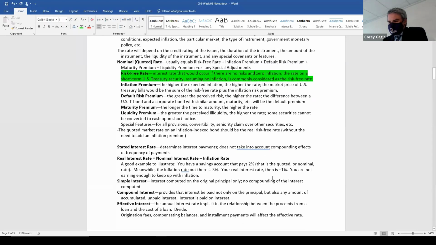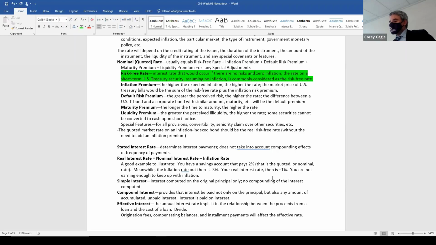And then just some definitional things here. A stated interest rate, again, draw back on your knowledge from all the stuff we did in Intermediate 2 with bonds. What did that stated interest rate, or coupon rate, or whatever we want to call it, do? It does nothing more than determine what we're writing a check for to the people who lent us money.